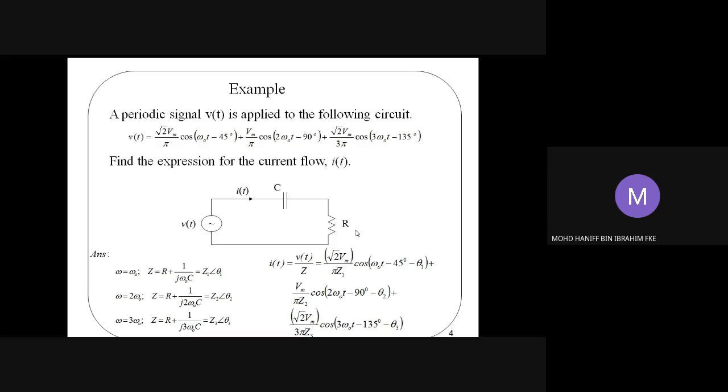The impedance will now become R plus 1 over j omega c, and you're going to have this amplitude and phase component for the impedance. Likewise, the same thing applies. Find the response for each frequency component, and once you have the response for each component, add them together to give the final current flow in the circuit. Hopefully you understand these issues clearly. I won't be covering this, you can do this on your own.